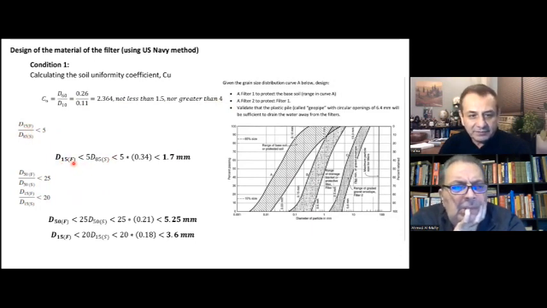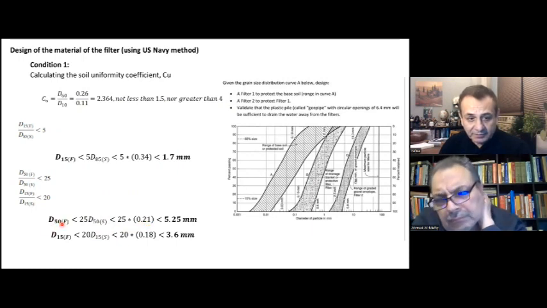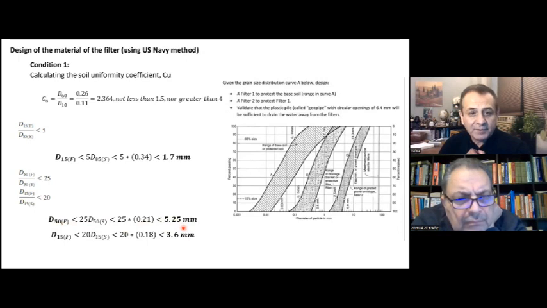So D15 filter should be less than 5 D85, so it's going to be less than 1.7 millimeter. And similarly, for these two conditions, we applied the data that we have for the soil. If you remember, D50 of the soil, the embankment soil, is 0.21 millimeter. So D50 filter should be less than 5.25 millimeter.